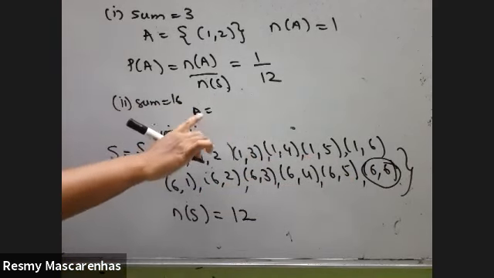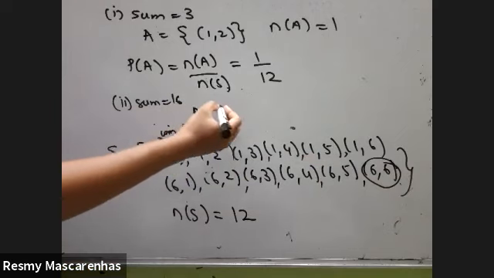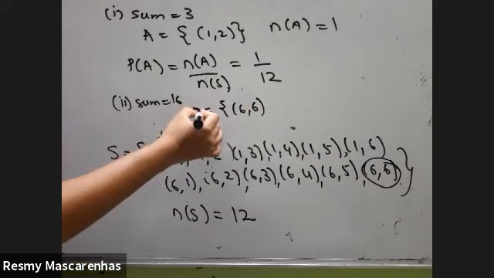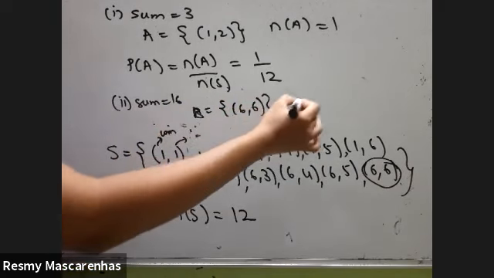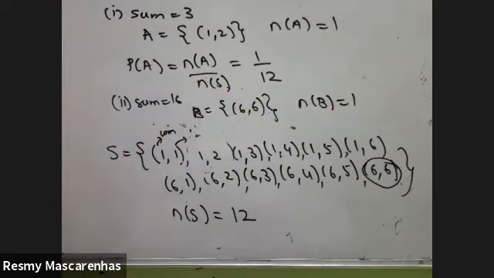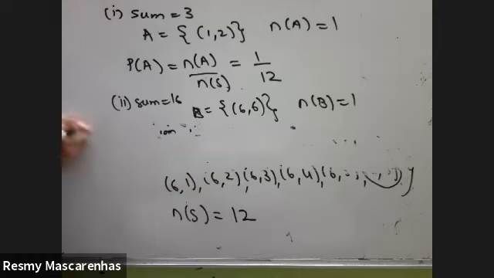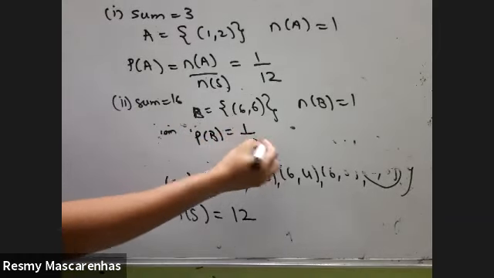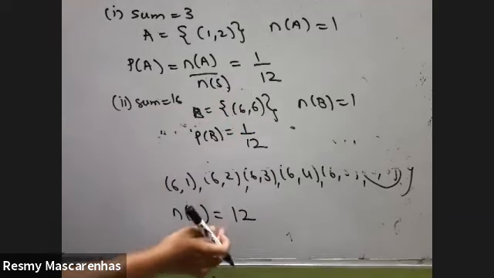You can name this letter as B also, no problem. The number of elements in B is 1. So what will be the probability? 1 by 12. N of B upon N of S.